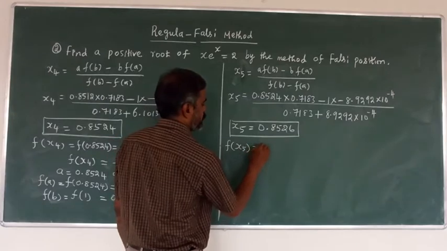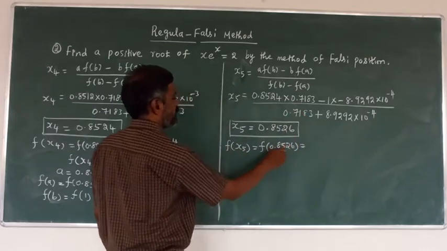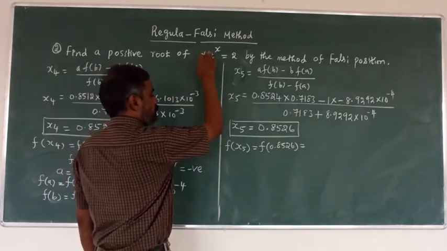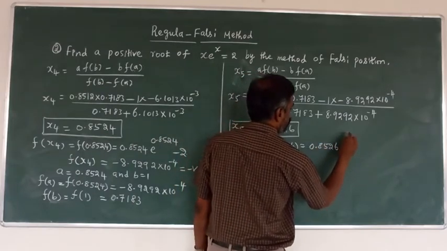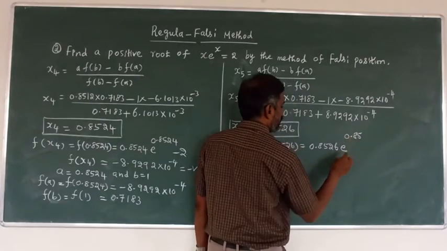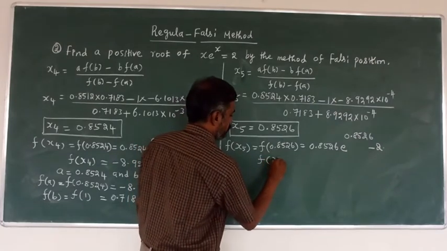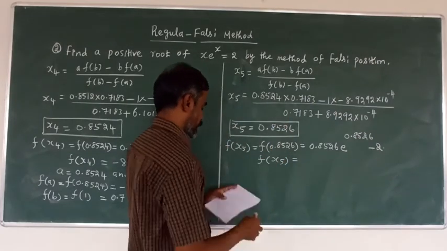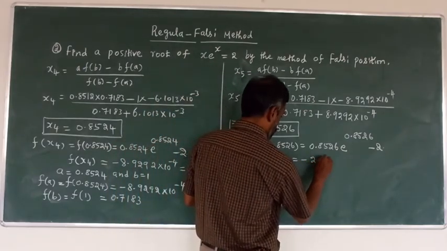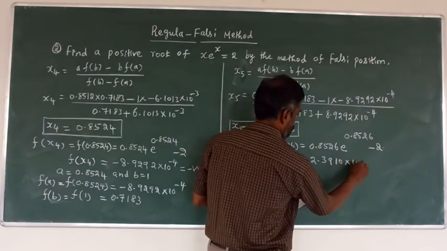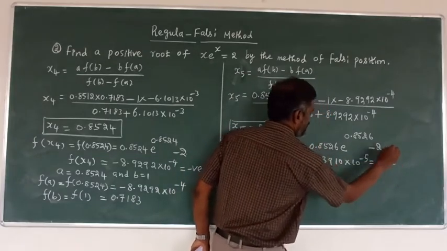F of x5 equal to f of 0.8526, this value to substitute in f of x value. 0.8526 e power x value 0.8526 minus 2. We can get f of x5 equal to minus 2.3910 into 10 to the power of minus 5. This is for negative result.